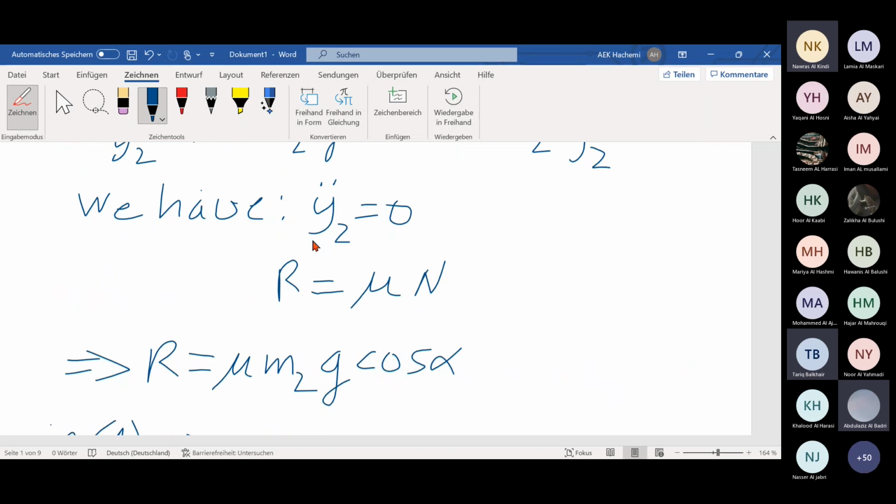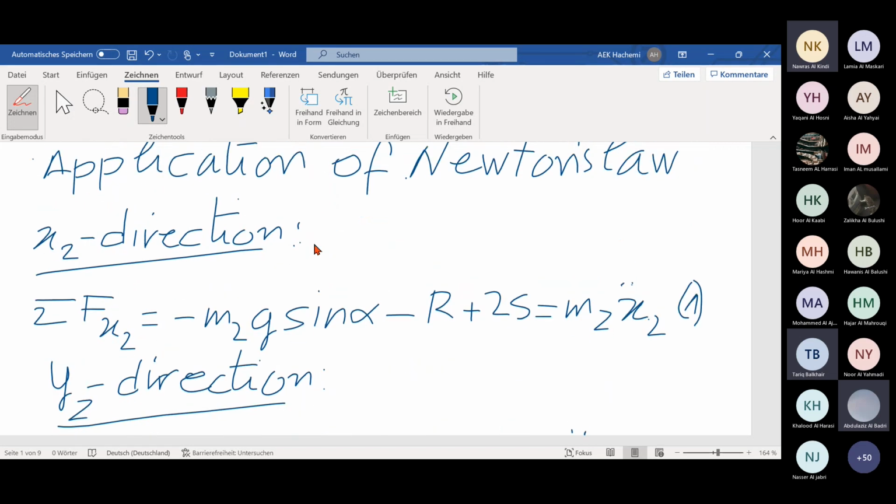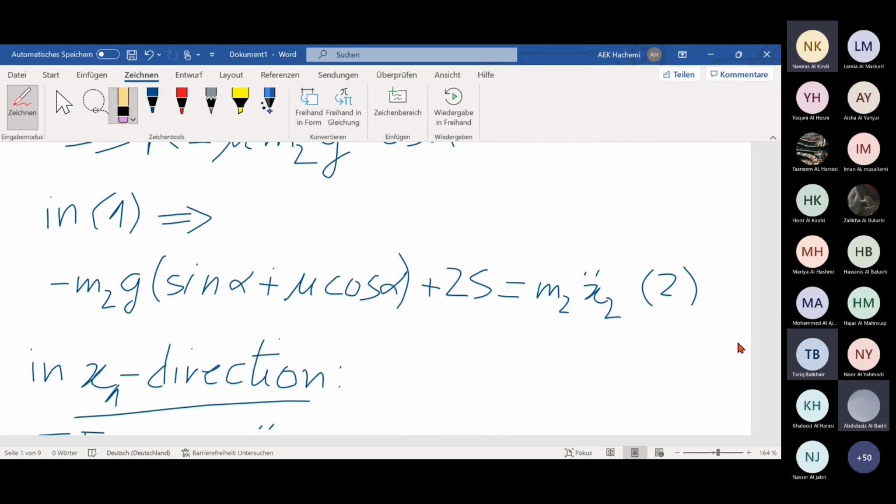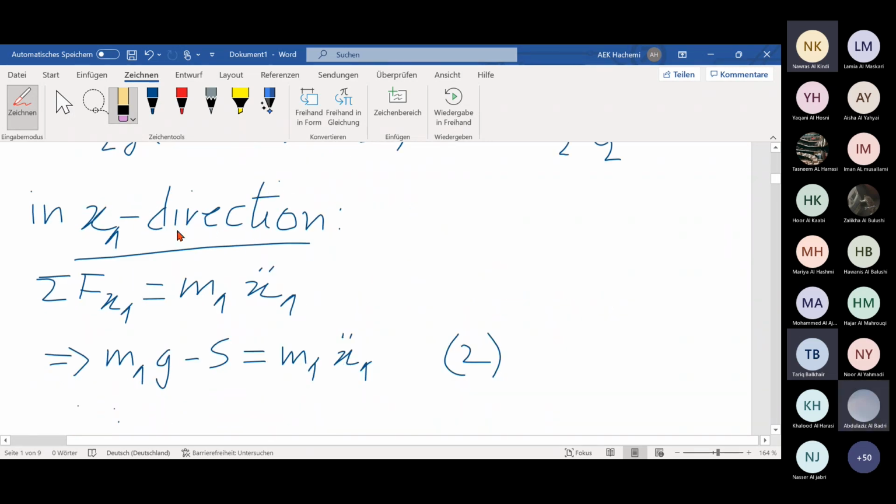No, it's right. Sorry, this is not 2, it's only the change of 2. This is only a replacement of R. This is the 2.